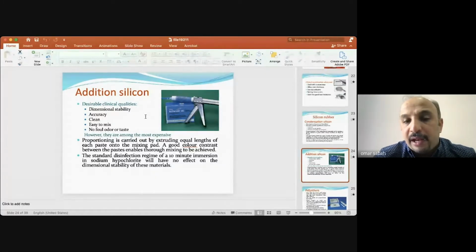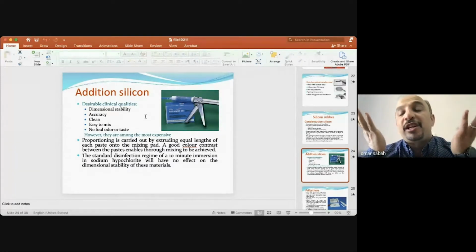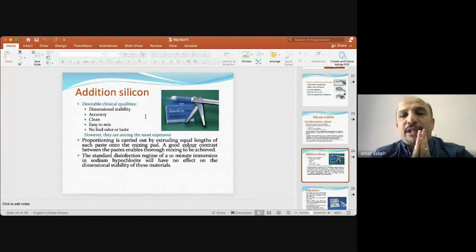However, it is among the most expensive. This is one of the disadvantages, because it uses technology for mixing and packaging. Any material nowadays that gives you some facility to decrease your time will of course have a higher price than traditional methods of mixing.